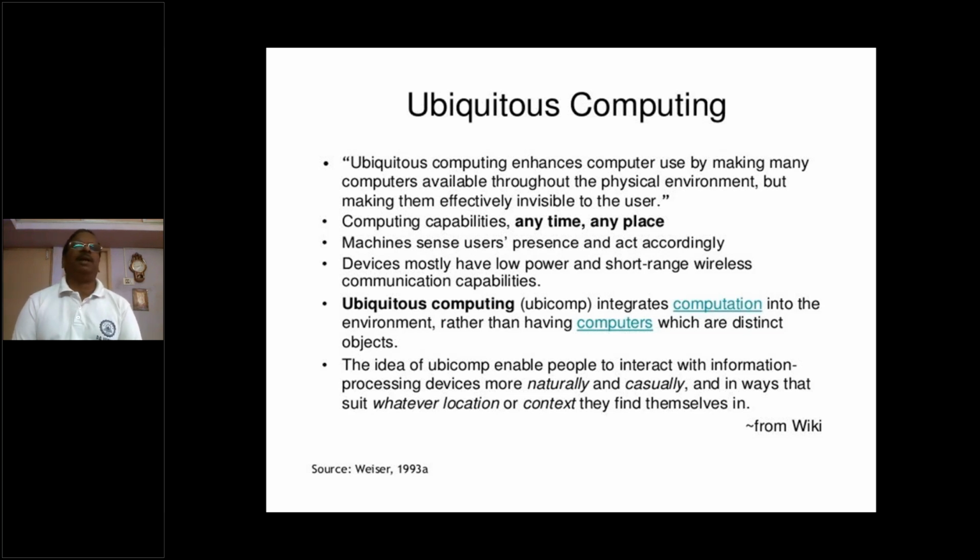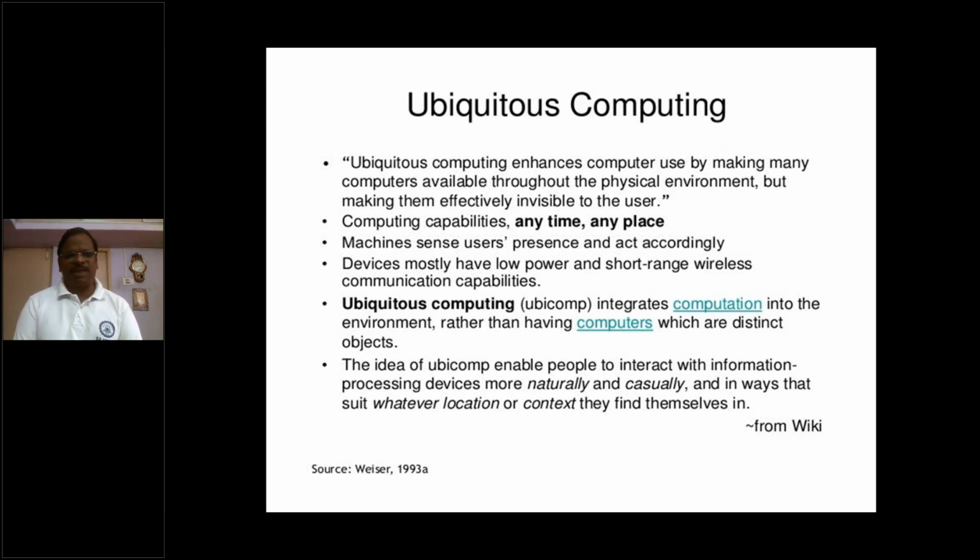The computers are available everywhere, but the computing technology is unified. Therefore, this type of computing is called ubicomp. The short form of ubiquitous computing is ubicomp. The idea behind ubicomp is to enable people to interact with information processing devices more naturally and casually.